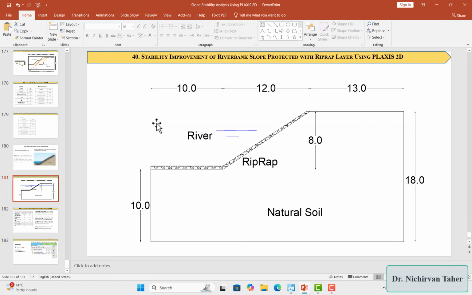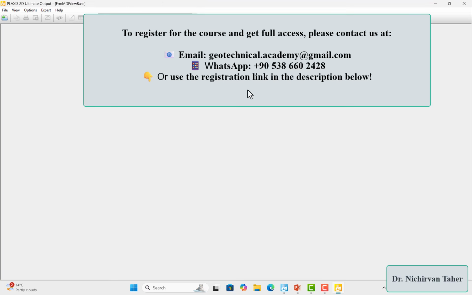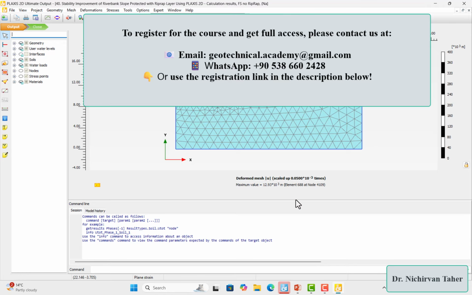This is the water level, which is 2 meters below this area, and we will try to analyze this riverbank slope without this layer of riprap and see the safety factor, and also after placing this layer of riprap, and we will see the improved safety factor. We will compare both conditions.